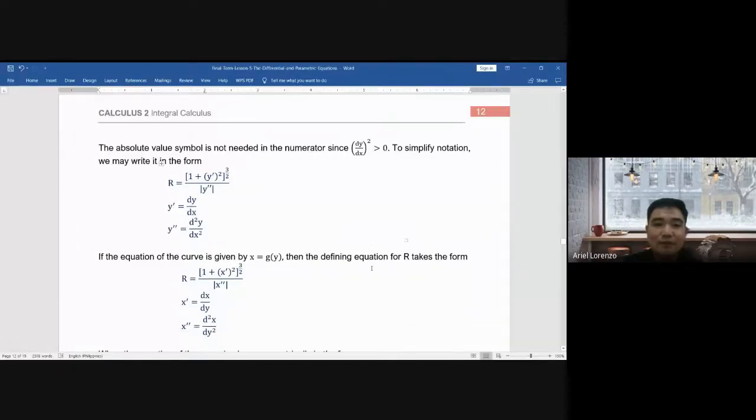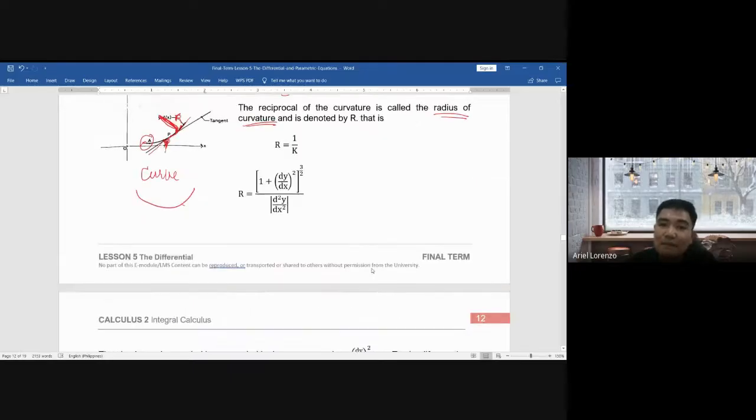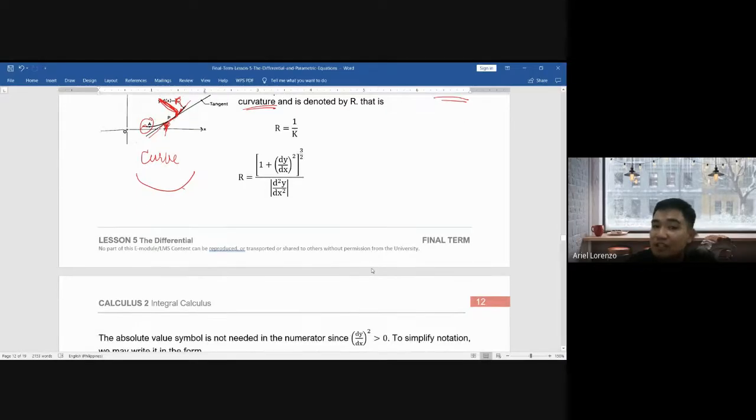So, for this one, class, di ba yung nilagay natin doon is 1 plus dy all over dx square. That is the square of the first derivative, raised to 3/2 all over the second derivative. Nakuha? So, let's just make things clear. Yung nilagay kasi natin dito, 1 plus the square of the first derivative raised to 3/2 all over the second derivative of the function.